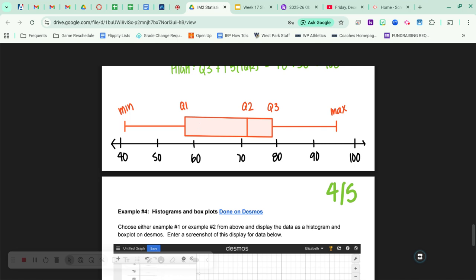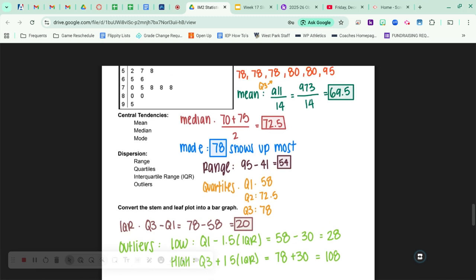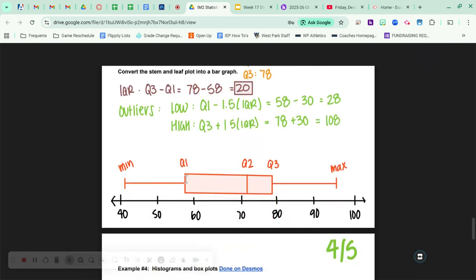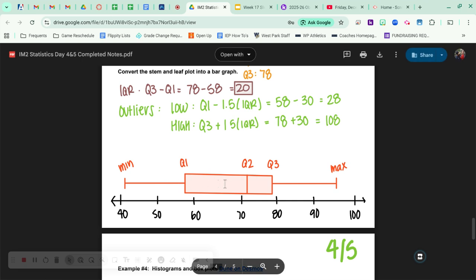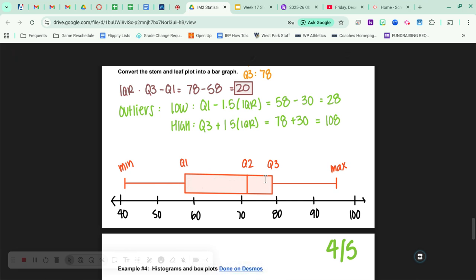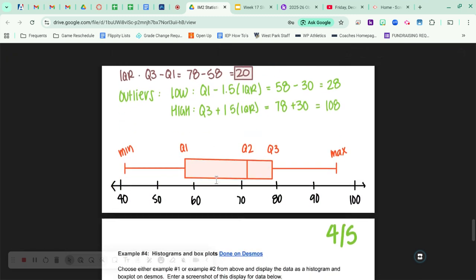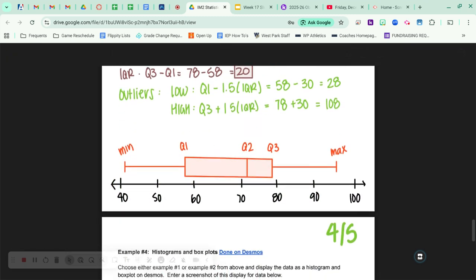The box shows you that 50% of the data occurs between our Q1, 58, and our Q3, 78. So 50% of our data occurs between 58 and 78. It's a large chunk of the class right in that range. The upper 25% of the class scored from 78 on to 95. Okay, and that is how you create a box and whisker.